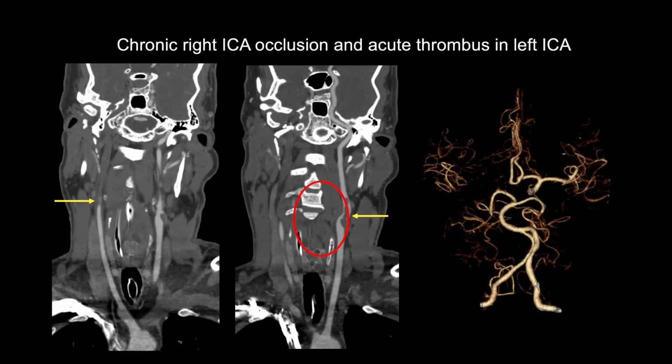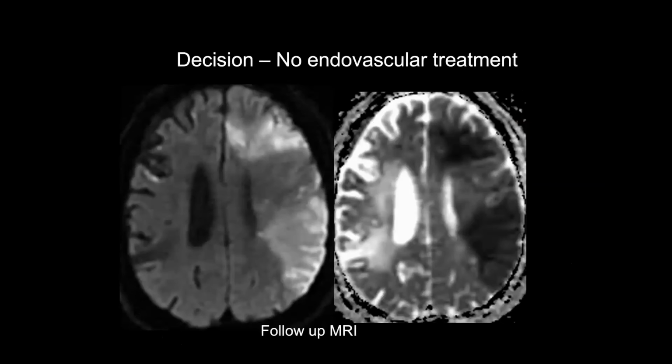But as the CTP is calculating, you're getting a Tmax which is from both sides. So beware of these additional areas of Tmax that are calculated and can skew your numbers of the mismatch ratios. We did not do endovascular treatment for this patient, and this is the follow-up MRI, with the infarcts already declared in that left MCA.